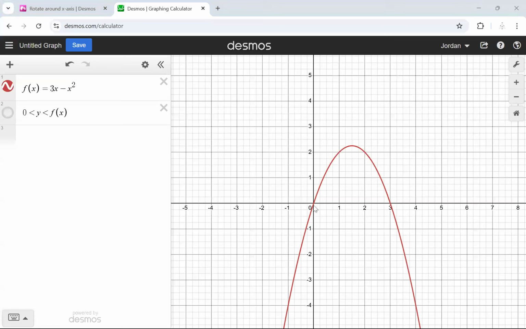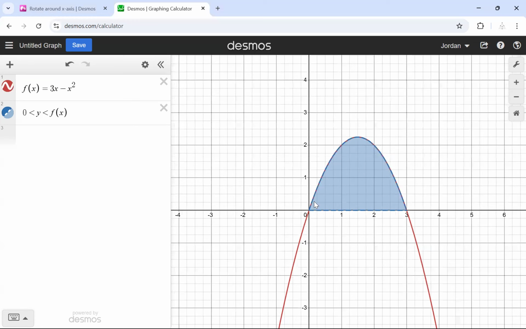So when we're going from 0 to 3, you'll notice that my graph of y equals 3x minus x squared, or f of x equals 3x minus x squared, is here. From 0 to 3, all of that is above the x-axis. So the signed area I'm looking at is this shaded region here in blue. And this shaded region does not have straight lines.